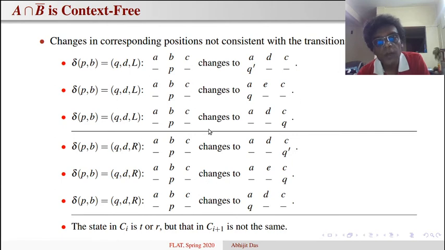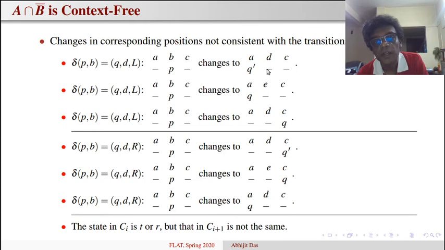In any case, all these inconsistency patterns can be identified. In fact, given these, it is a finite number of things, only 3 things.